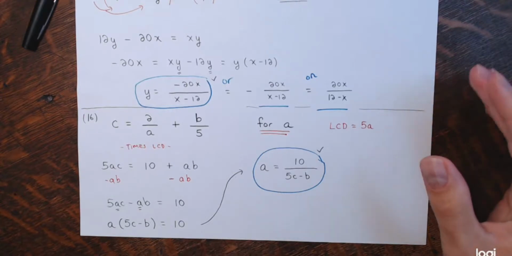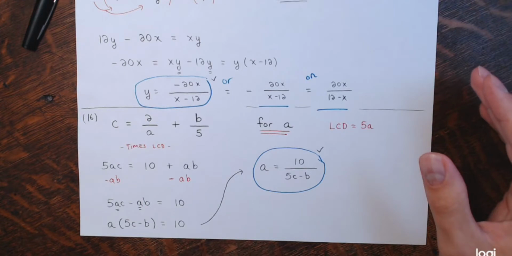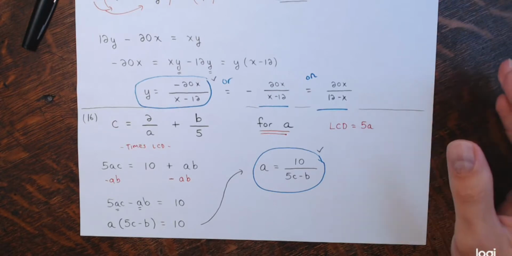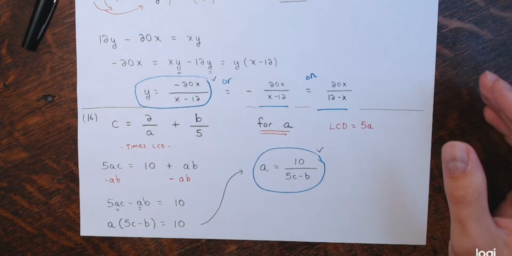So again, hopefully you notice that I followed the same steps every single time here. Found the LCD, multiplied both sides by the LCD, every term, and then got all the terms with the variable I was solving for on one side, all the terms without that variable on the other.